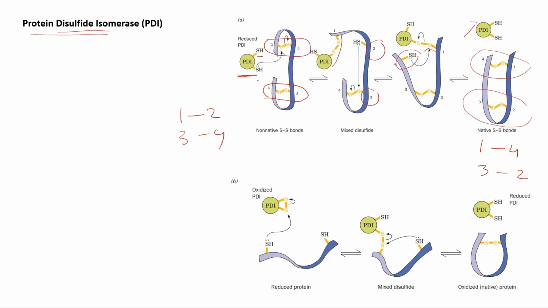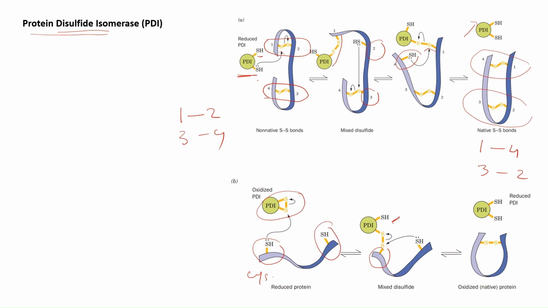The second way it works is, in this case, the enzyme is already in an oxidized state, which means it is already bonded with itself. Now, here in the protein, the amino acid cysteine is free. This sulfur can attack this enzyme and form a bond with this particular cysteine in the protein. Now, when it forms a bond with the protein, this SH group is free.